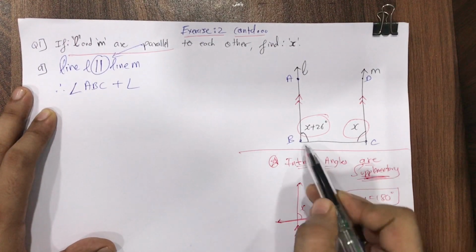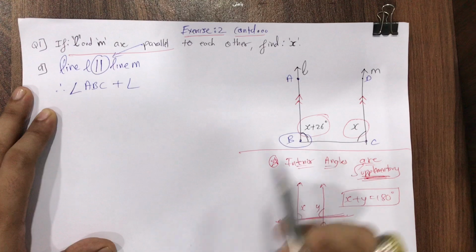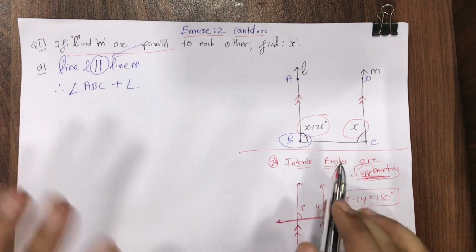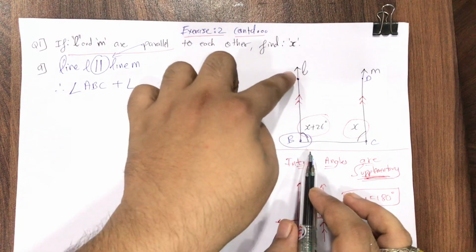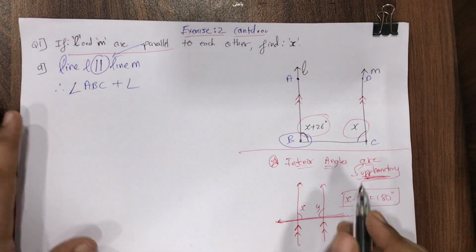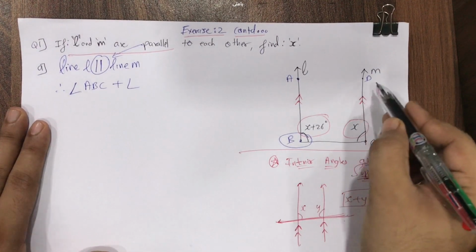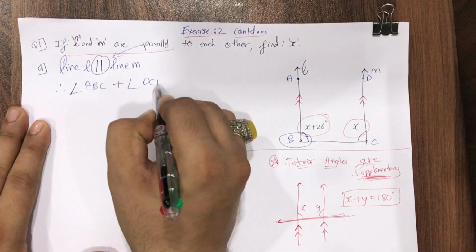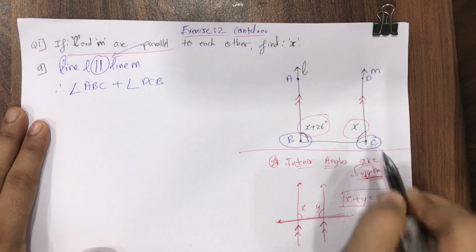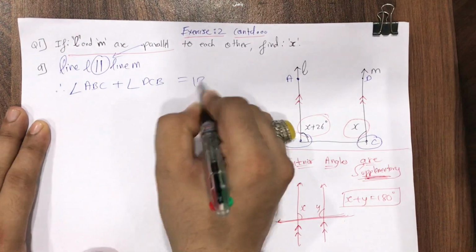You can also say CBA, but this B should be at the center. You should not say angle B only. Don't write only angle B. Always write the full name. ABC you write, or you can write CBA, for denoting x plus 26. Angle ABC plus angle DCB. You can also say BCA, BCD, but C should come in between. DCB is equal to 180 degree.